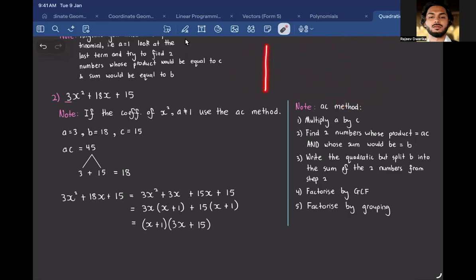Check this graph out. Is it a minimum or a maximum graph? What do you think? Minimum. Right, because it goes down like this, and this point here would be the lowest point of the graph, so the minimum point. What you would need to do is figure out the coordinates for that point.